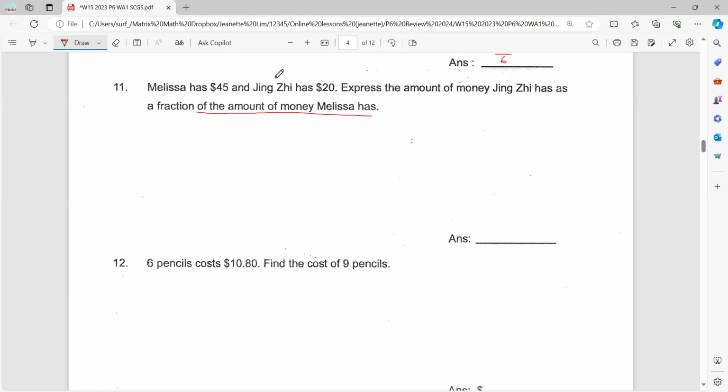When we say something as a fraction of something else, whatever that is, it is the base, the denominator. So J over M. J is 20, so 20 over 45, simplify, divide by 5, you get 4 over 9.